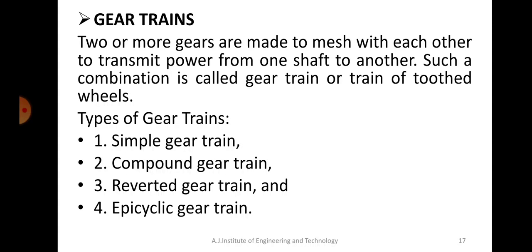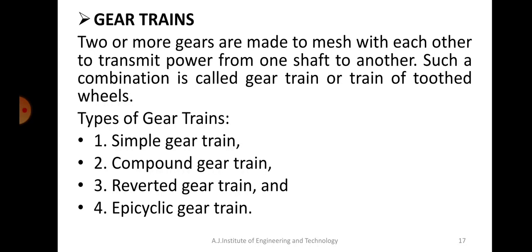It's not that we only have gear A and gear B all the time. There can be more than two gears. So when more than two gears are connected together to transmit power from one shaft to another shaft, we call that gear trains. Okay, so the name is very simple, gear train.